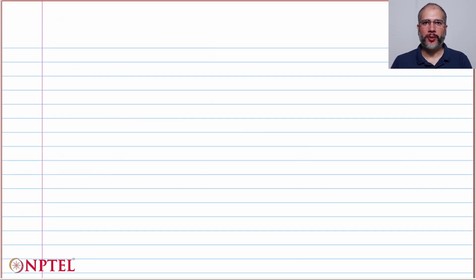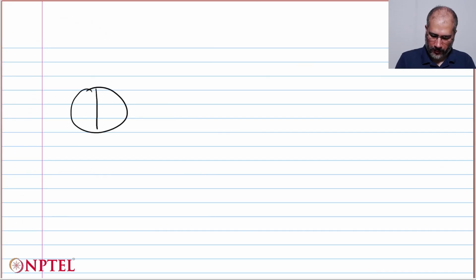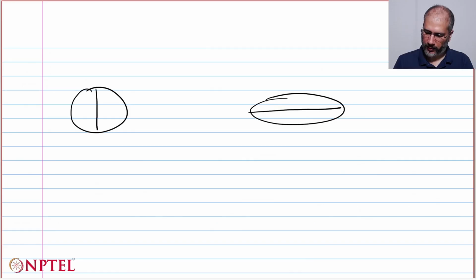Let me explain this to you through a figure. So let us say we have an element like this and it deforms to an element like this. So for this deformation, we can go in two steps. In the first step, we simply stretch it.